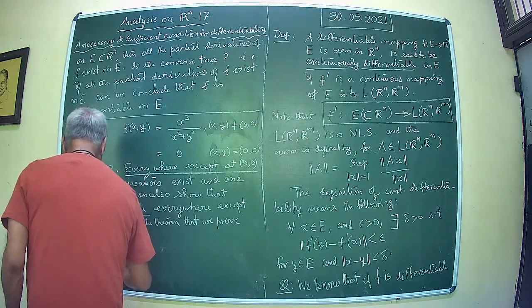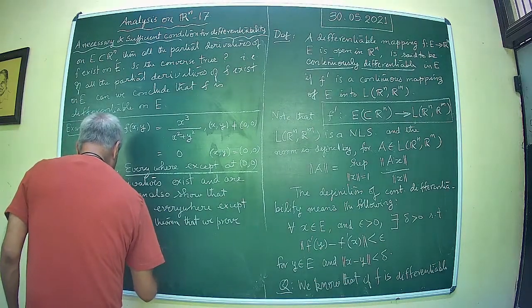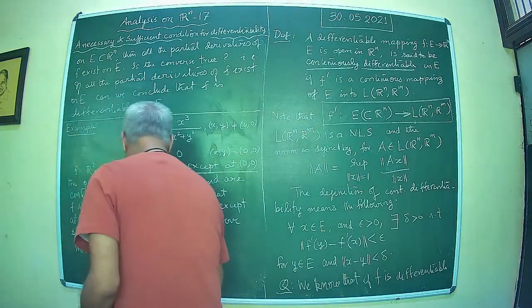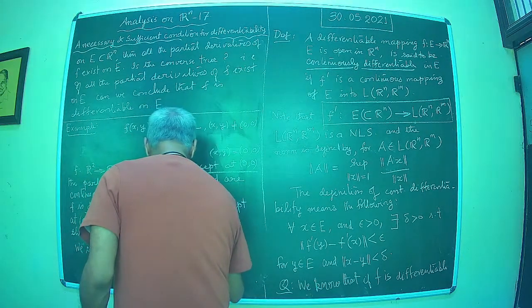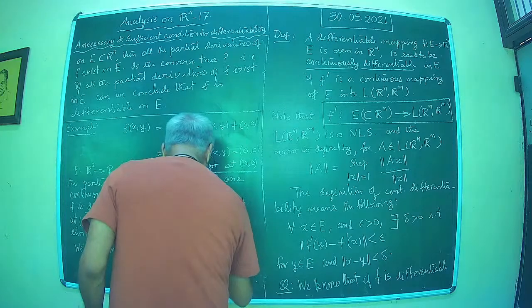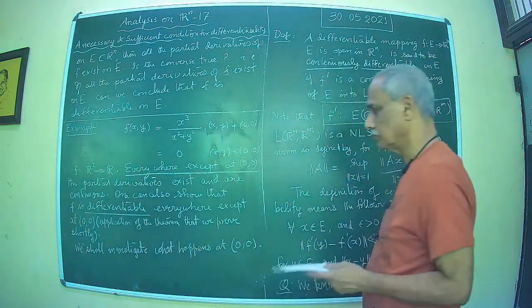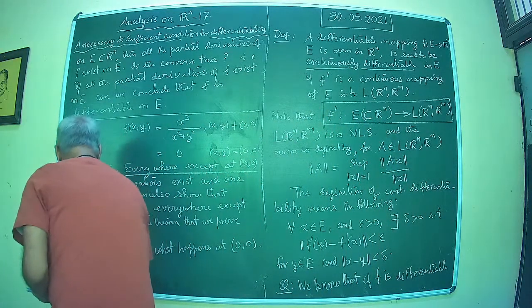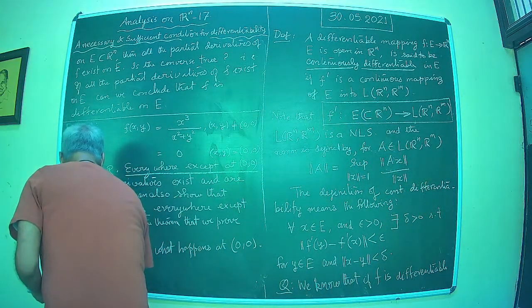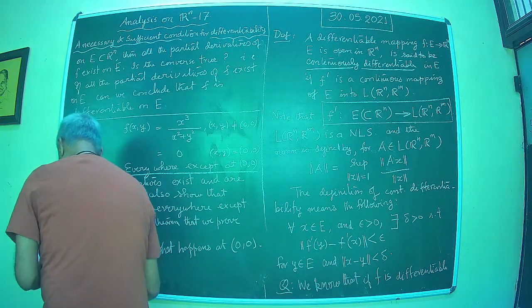Investigate what happens at 0, 0. So recall the following. We have d1 f at 0, 0, which we have computed already.